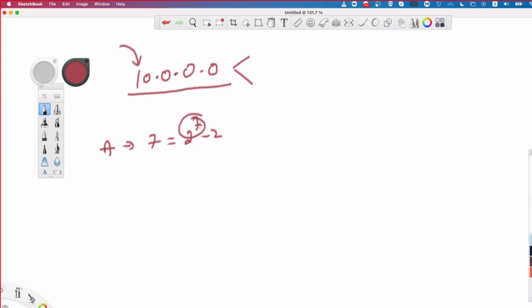In binary, every combination of network ID bits gives you one network. Same way, every combination in the host ID portion gives you one host. If I have 10 bits, I'll get 2 to the power of 10 combinations. So if the 10 bits belong to the network ID, I will get 2 to the power of 10 networks.